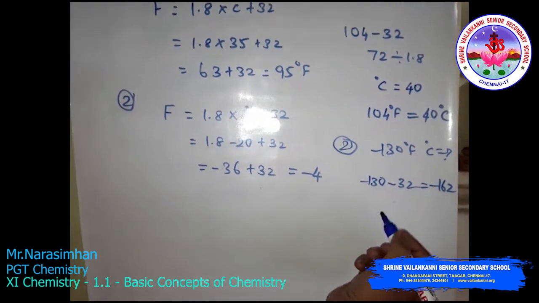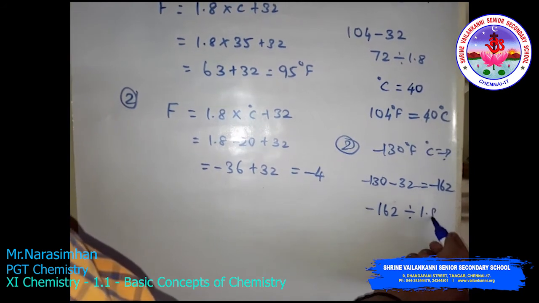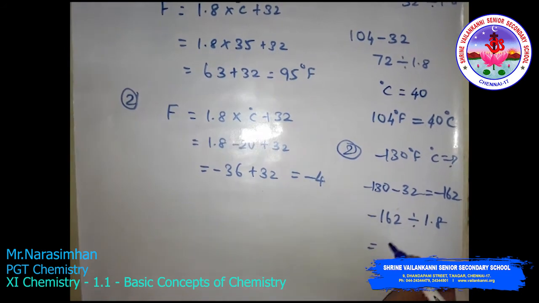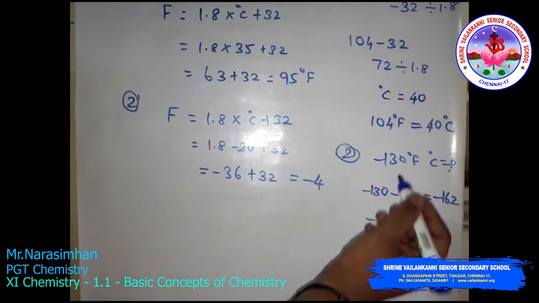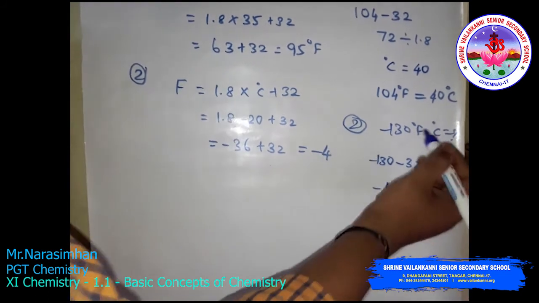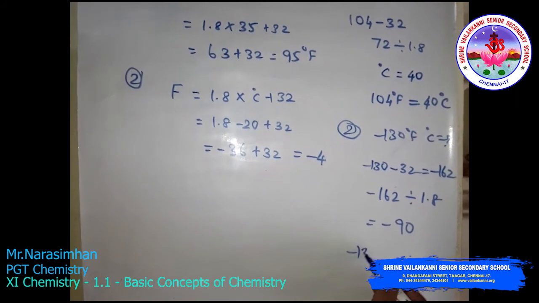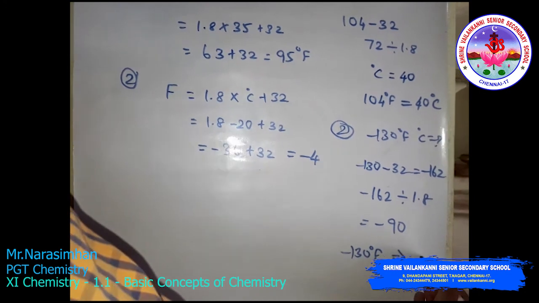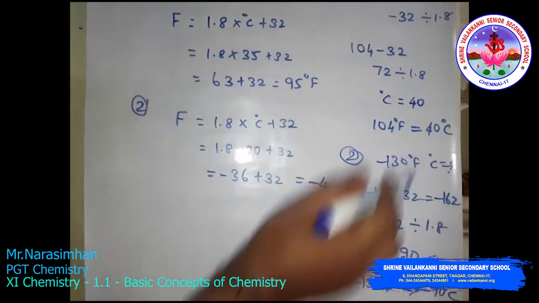Minus 162 divided by 1.8 is minus 90. So minus 130 degree Fahrenheit is equal to minus 90 degree Celsius. You can practice some more examples.